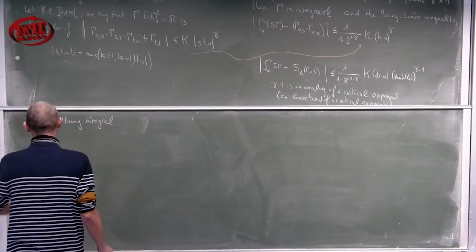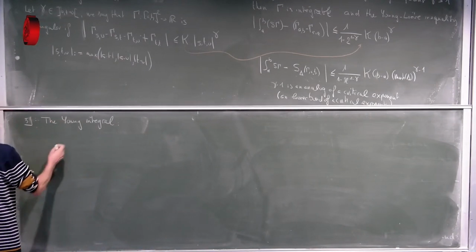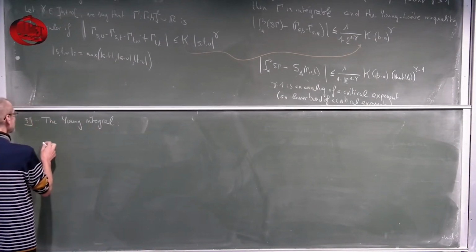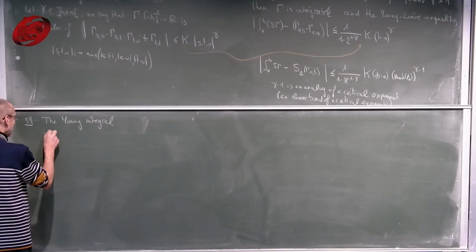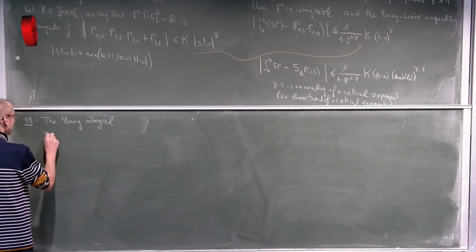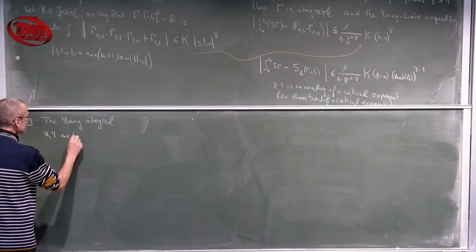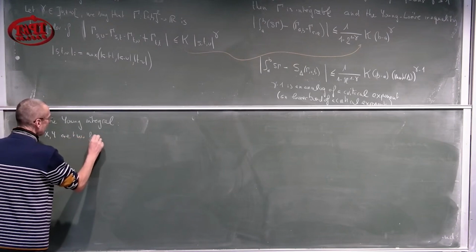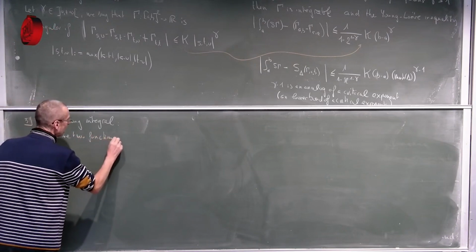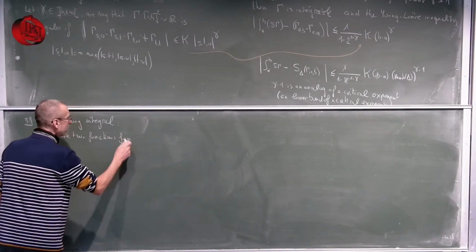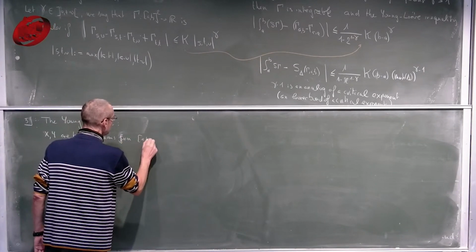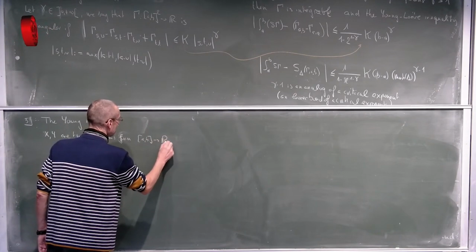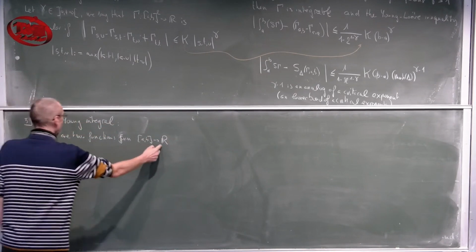I will come back to it later, but let's do it partly today. So imagine that x, y are two functions from a, b to R. You could do something a bit more general anyway.